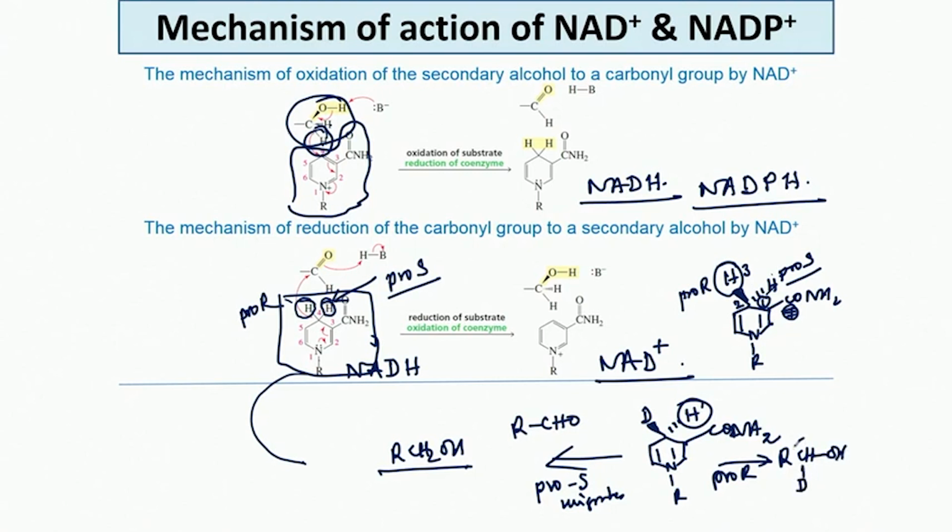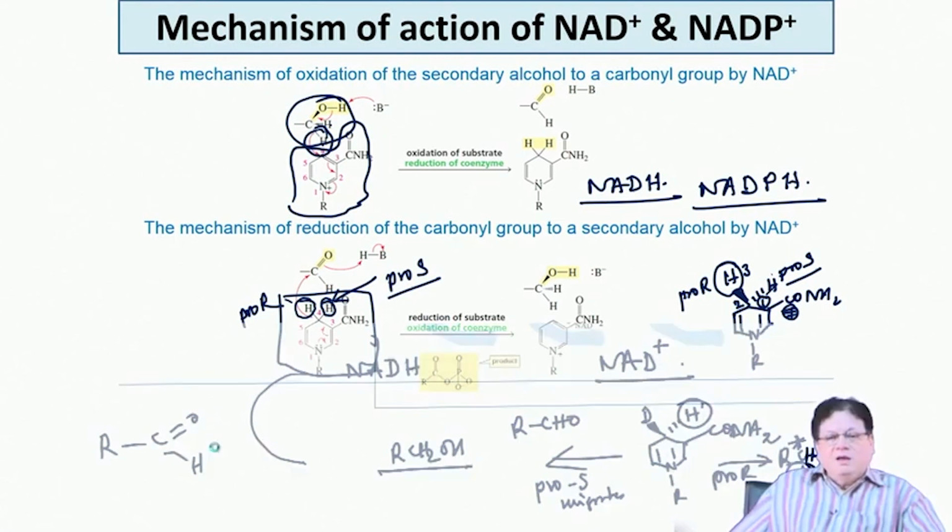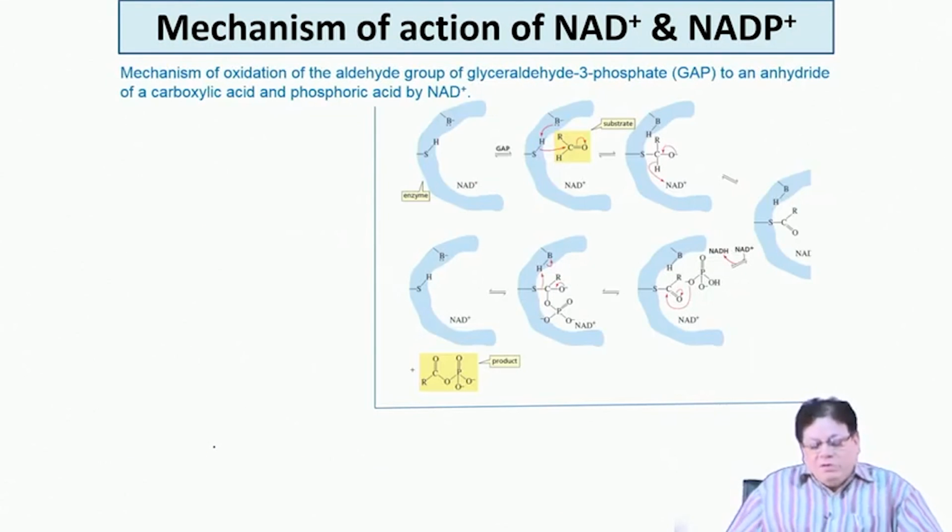But remember, now you are making a chiral center, so the deuterium will be delivered in a particular way, either from the Re face or from the Si face, because you are now adding to the carbonyl. So, there are stereochemical issues involved in NAD mediated reactions. It is basically the hydrogen that is involved here.